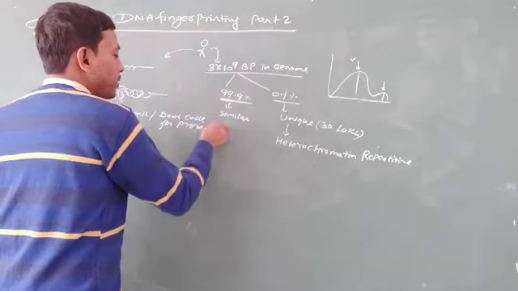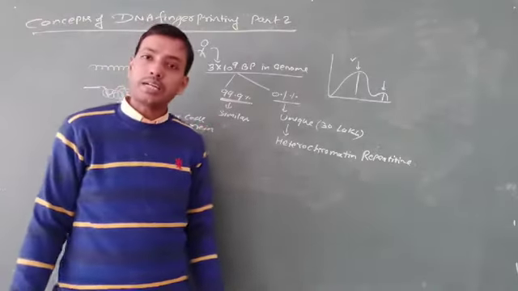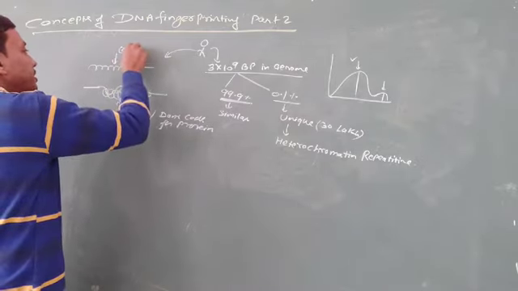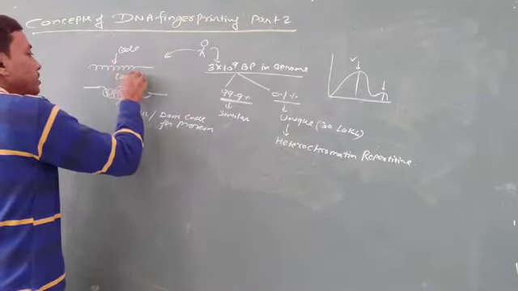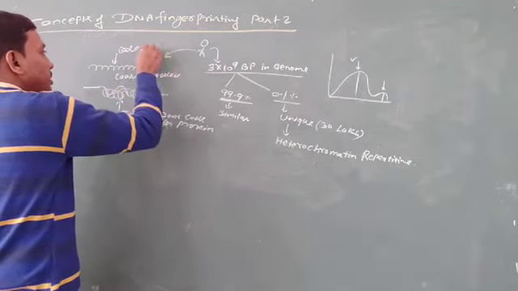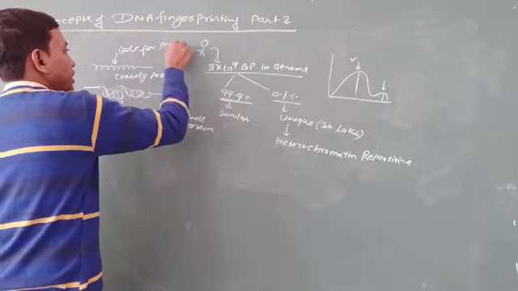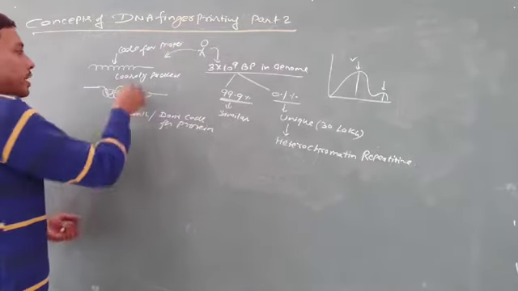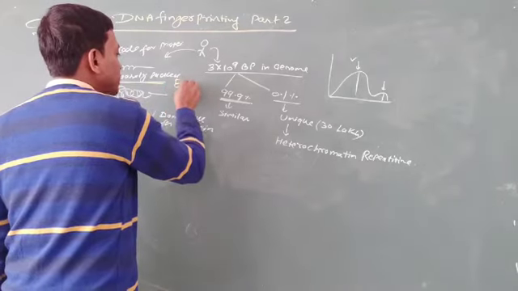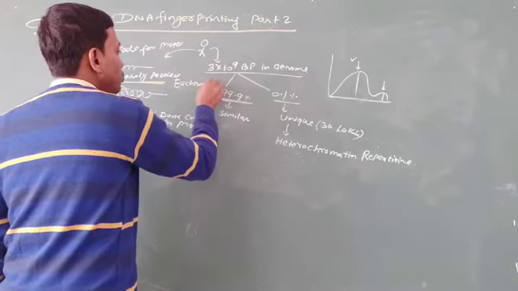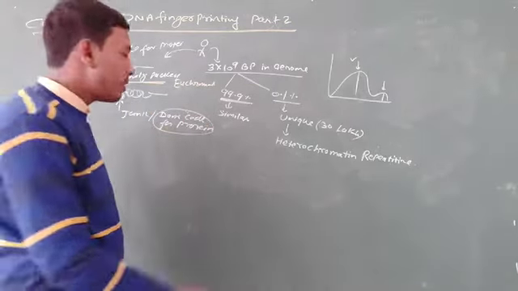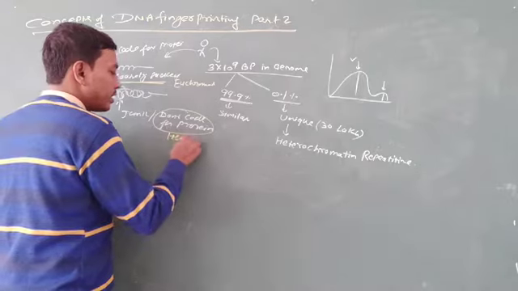It never participates in protein synthesis, whether transcription or translation. While this one is loosely packed, and this codes for protein. Listen, the loosely packed DNA that codes for protein is known as euchromatin, and the densely packed DNA that never codes for protein is the heterochromatin.